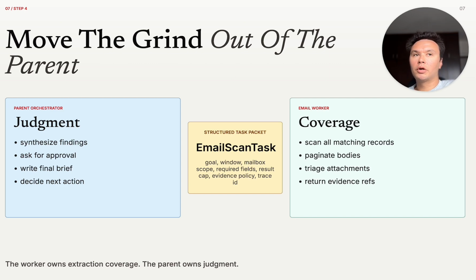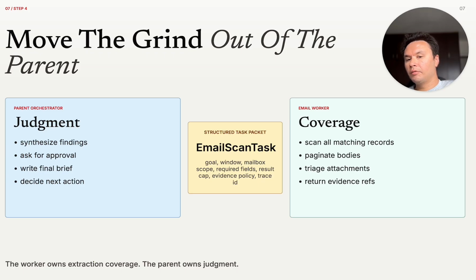And a worker can be boring. It could be a pretty dumbed down model, something like Haiku or Sonnet or GPT 5 Mini or even Nano. And a worker can be entirely contract driven. A worker can return a tight structured packet instead of a wall of raw content. And the distinction I want you to hold in your head is this: the worker owns extraction coverage, the parent owns the judgment.